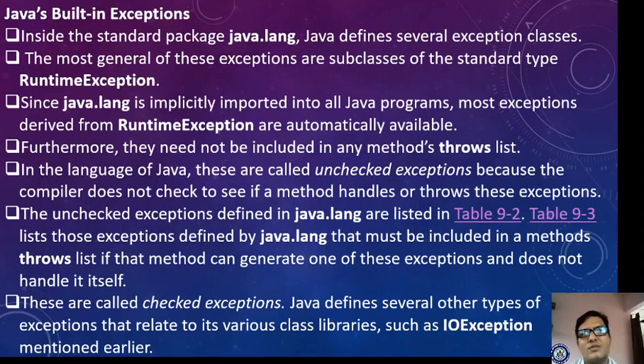Whatever method you specify with a throws list of exceptions, those are called checked exceptions. Java defines several other types of exception related to various class libraries, such as IOException mentioned earlier in your lab program. Don't expect IOException in this chapter.